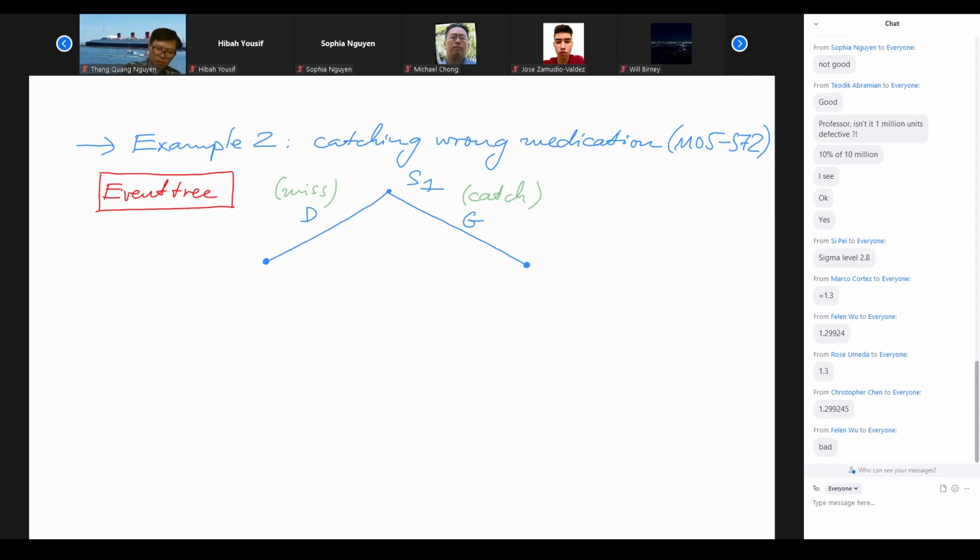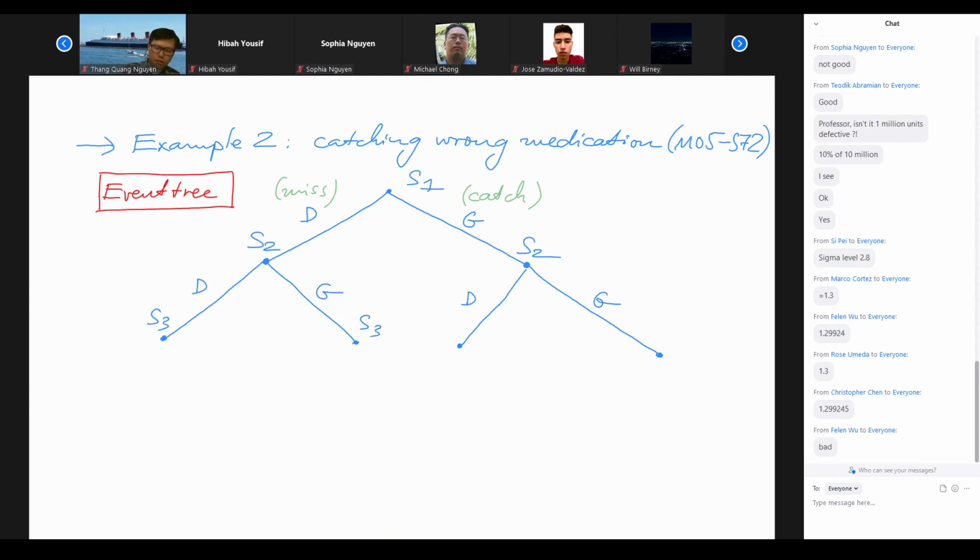And now we are at the second stage. Then the nurse might also miss it, or might also catch it, right? So we'll draw the 2 possibilities here. And we assume that the second station is independent of the first one. Right, so miss here, catch here, miss here, catch here. And the third stage is the patient themselves.